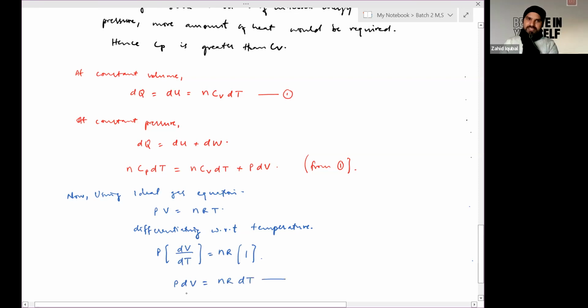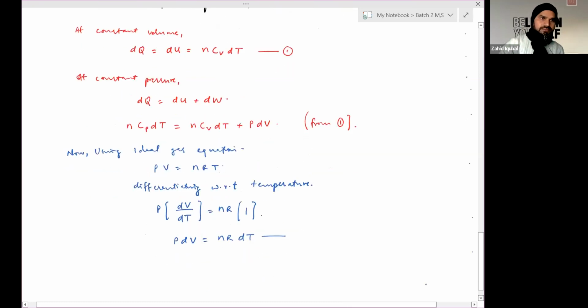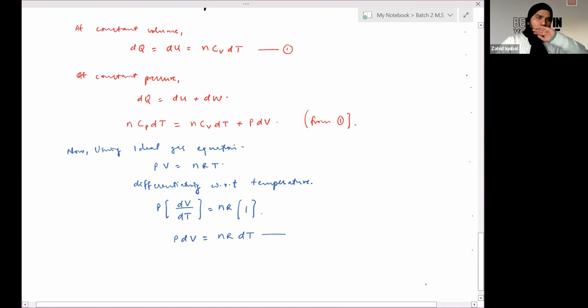Now put this value of PdV in the above expression. So you'll get n times Cp dT equals n times Cv dT plus, for PdV we can write, nR dT. n dT will cancel out from either side.